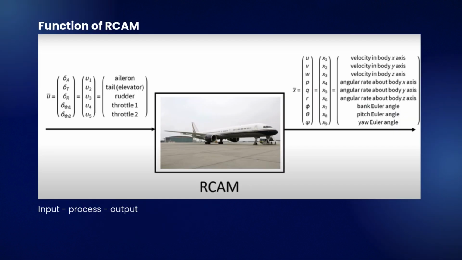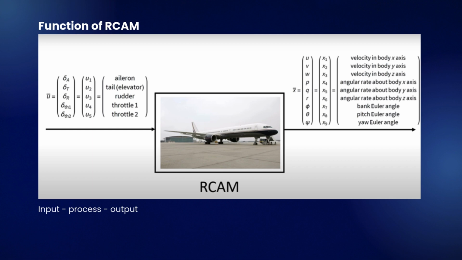So basically, what the plane model from the RCAM does is that it will take a bunch of inputs. For example, the aileron, tail or elevator, the rudder, throttle one, throttle two. It takes all these inputs, and then it goes through a bunch of algorithms and calculations, and then it gets this X bar, which is basically the output, or how the inputs directly impact the plane.